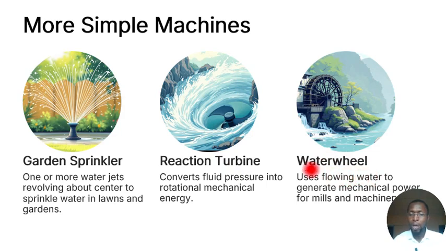The water wheel uses flowing water to generate mechanical energy for mills and machineries. So as the water is being poured from maybe the river, it turns this water wheel, and as it turns, the water wheel turns the mill machines that are used in the industry for different purposes.